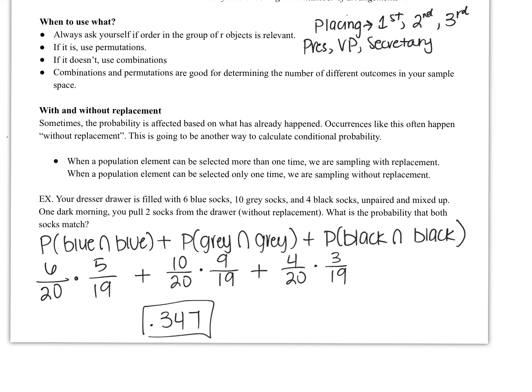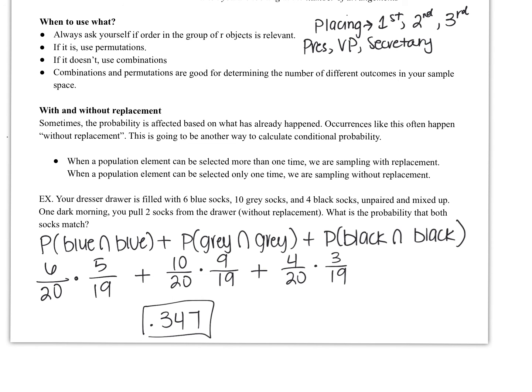So not a great probability that you grab a matching pair of socks, but it's not bad either. We could also do a comparison here. Which color has the highest probability of being drawn, matching sock wise?